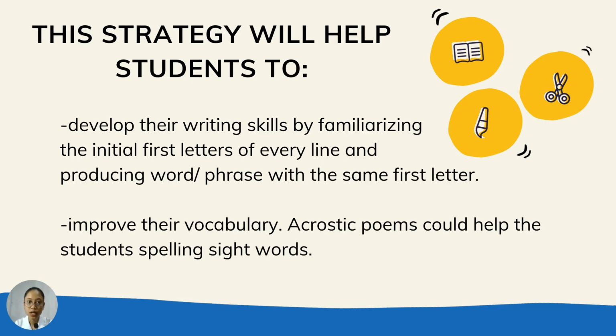This strategy or activity will help students to develop their writing skills by familiarizing the initial first letters of every line and producing a word or phrase with the same first letter. It will also improve the student's vocabulary. Acrostic poems could help the students in spelling sight words.